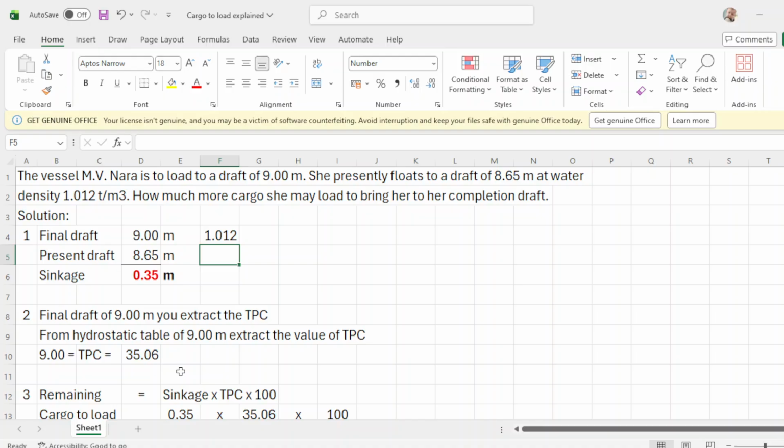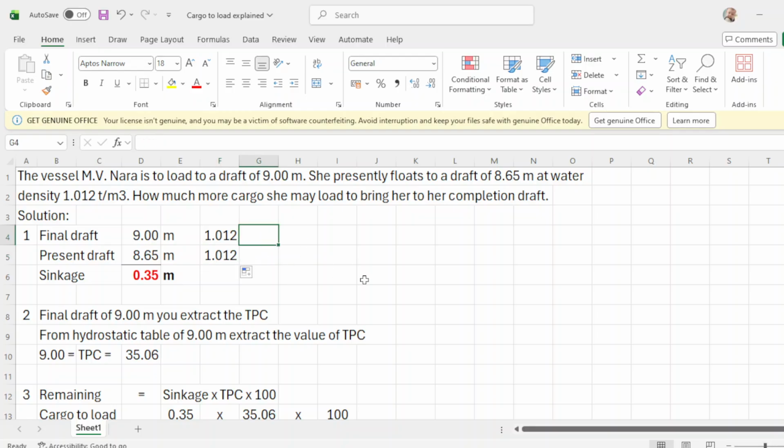And the initial draft was 8.65 with the density of 1.012. That will be the same here. From this present draft going to the final draft, the density will never change, because from your initial draft going to your completion of loading draft of 9 meters, the density will also be the same, 1.012.